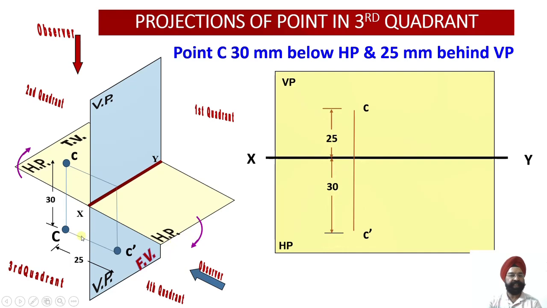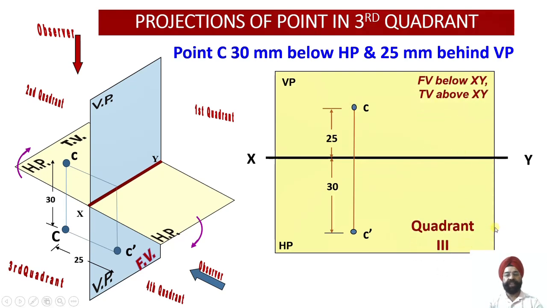The distances as they were indicated have been mentioned in this particular projection. Now C lies above the xy line and C dash lies below the xy line. So this is what we have already discussed, that in quadrant number 3, the front view of the point will lie below the xy line and the top view will lie above the xy line. And these are the projections of the point which happens to lie in quadrant number 3.